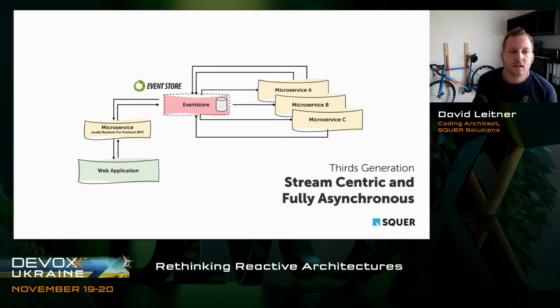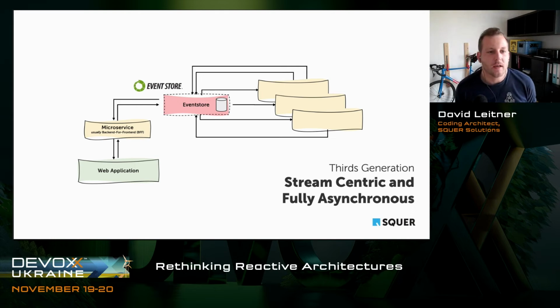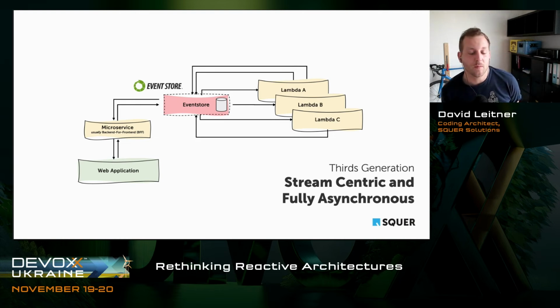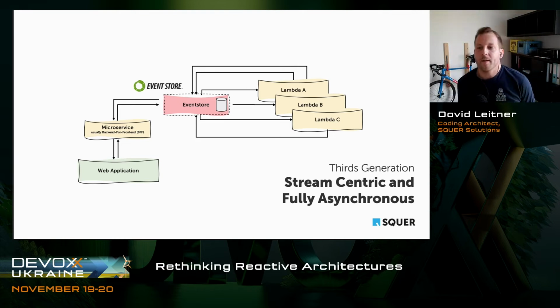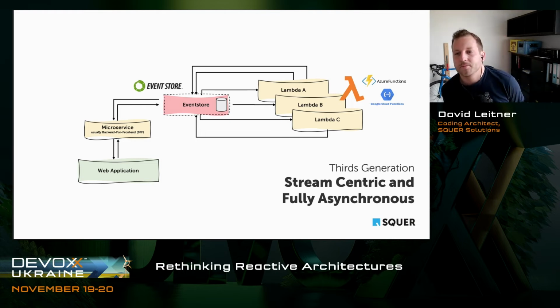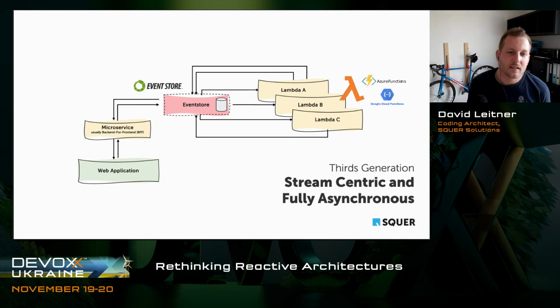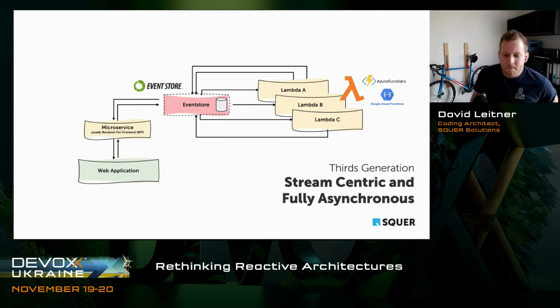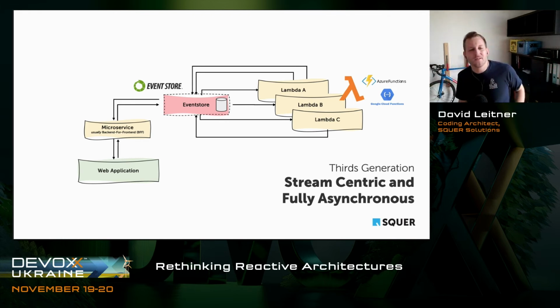There we can use, for example, tools like Event Store, which support us in building an event store, which is really an event stream and also the central persistence of the architecture. And then we just run asynchronous, stateless services like lambdas, which just take an event and produce another one, right? But it doesn't really matter that much. That's a detail if you go into event sourcing or if you stay with classical microservices.